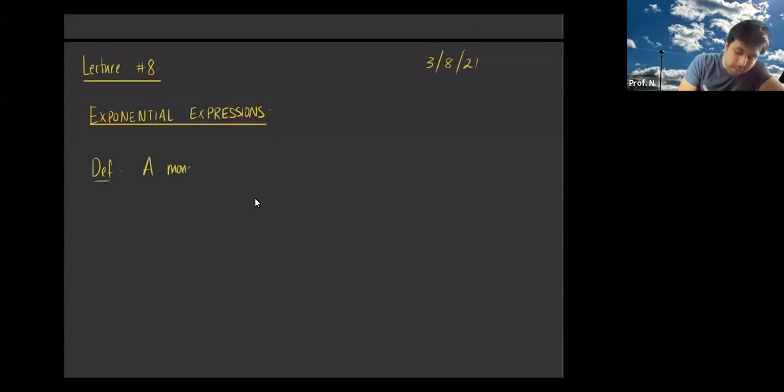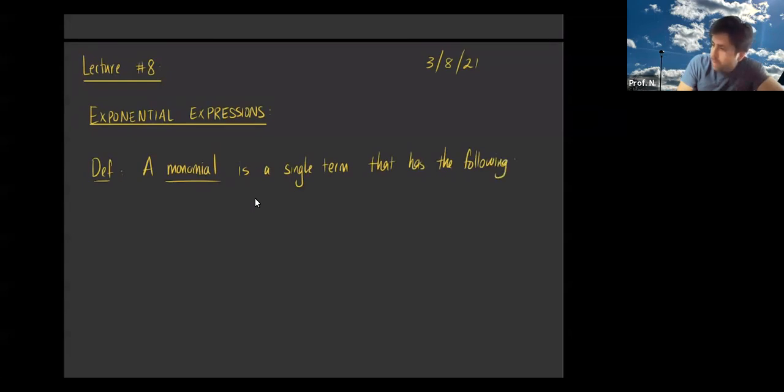So a monomial, the term monomial, is a single term that has the following. One, it has a number known as the coefficient.